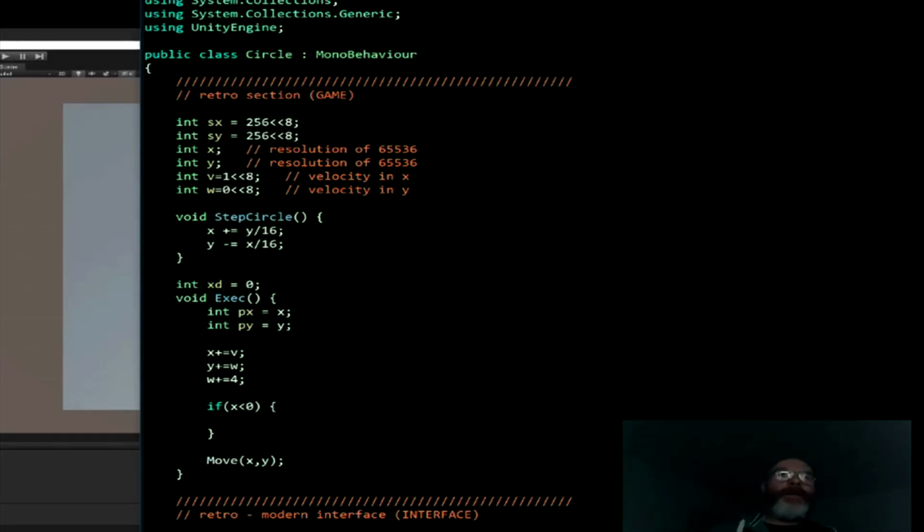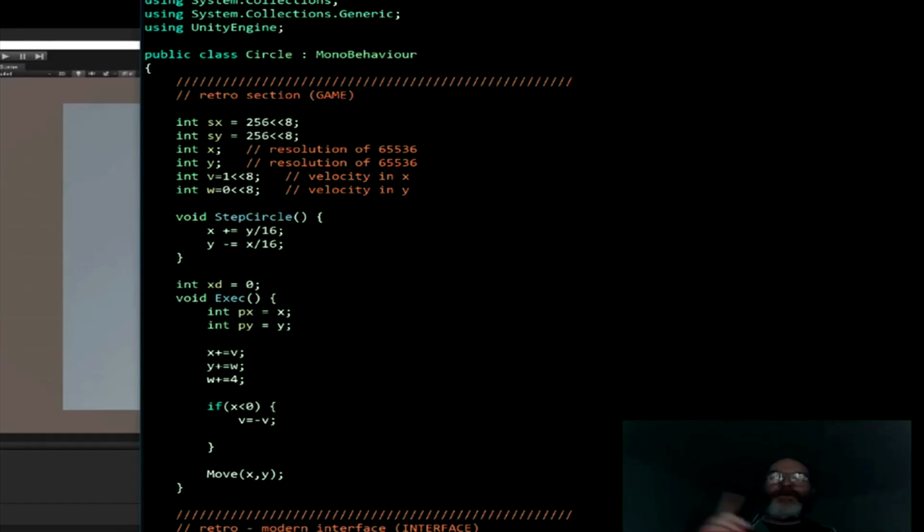So we remember where the previous position was before we do this operation. If x is less than 0, I'm going to write these out explicitly because it's more likely to work first time. So if x is less than 0, then v equals minus v. So I'm going to reverse the velocity in x if I go off the edge of the screen. And taking a tip from a few weeks ago about making nice stable bounces, you then reset the position back to where it was before the collision.